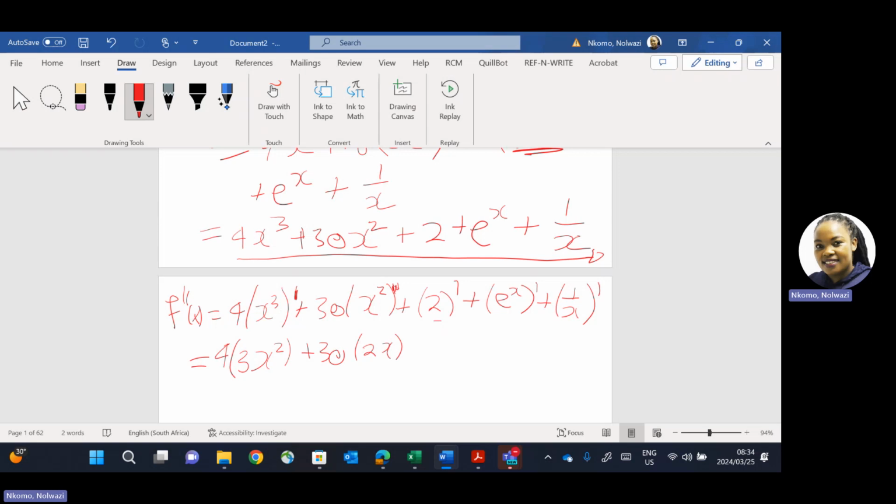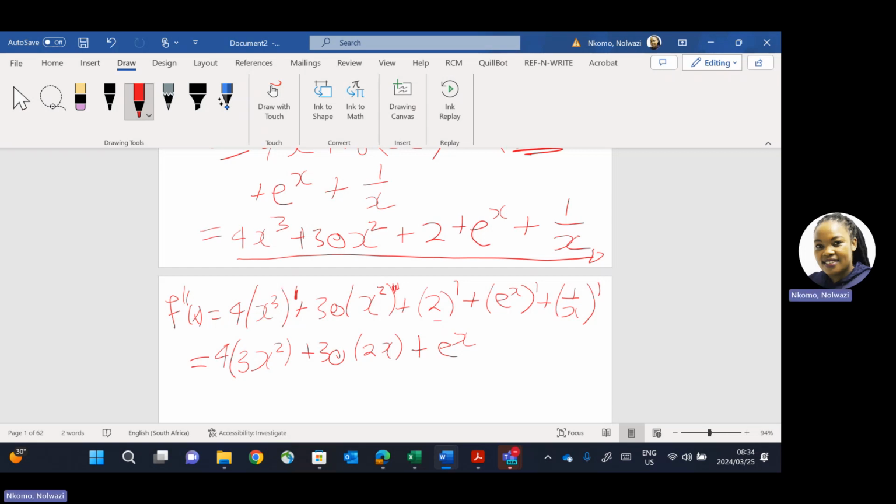Okay, we'll skip that part. Then plus, again, you differentiate e to the power x. If you differentiate e to the power x, it comes back as it is. So we have plus e to the power x, right? Then you differentiate 1 over x, right? Okay. If you differentiate 1 over x, which rule can you use there?